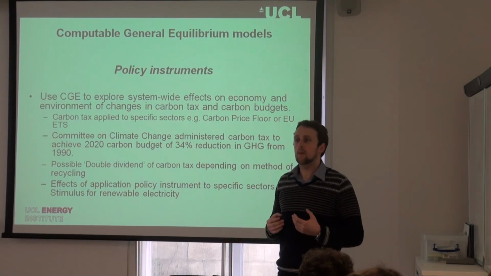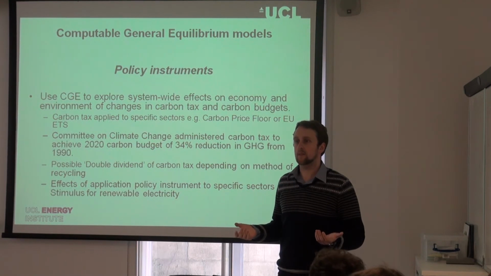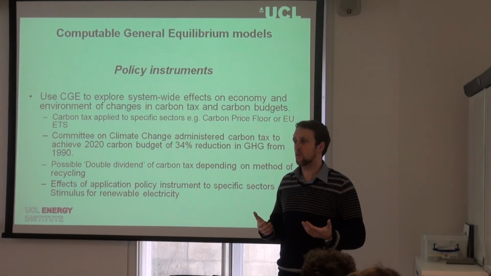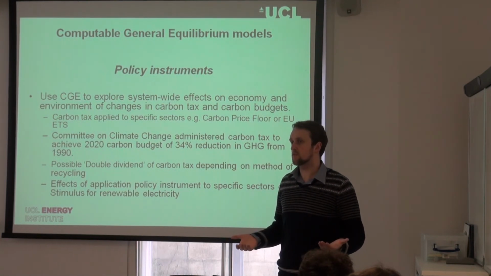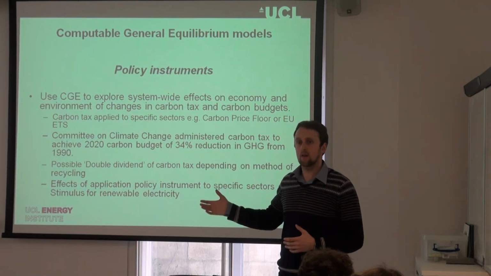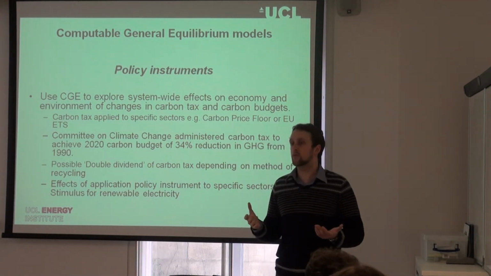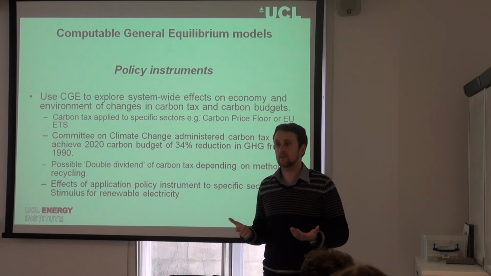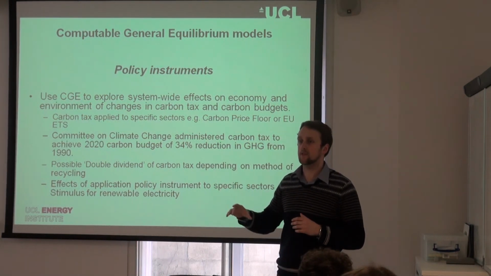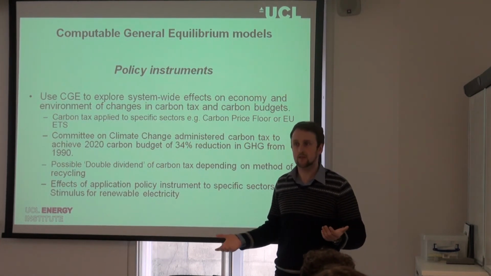The problem with introducing a tax is that most people say it's going to make people worse off. You may be helping the environment, but we're going to reduce output by, say, 1%. But using these CGE models, it's possible to look at whether that is necessarily the case. How much is output going to be affected, and which specific sectors of the economy are going to be affected when you introduce such a tax?